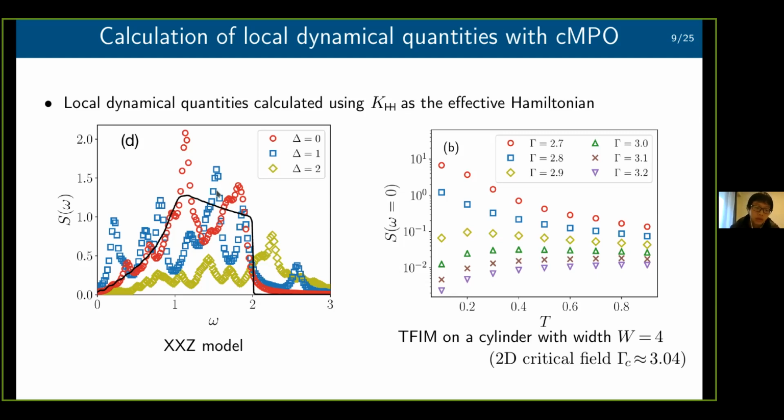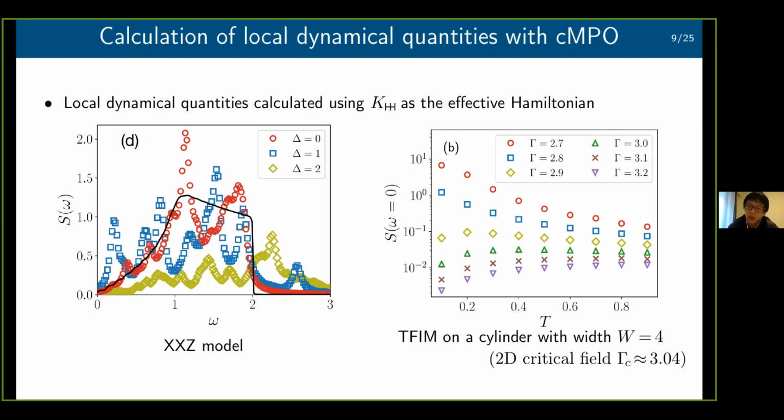But if you look at the low frequency limit, we can see the result is still satisfactory. So we think this calculation for the local dynamical quantities should be effective, at least qualitatively, at the low frequency limit. We also perform the calculation for the transverse field Ising model on a quasi one-dimensional lattice.